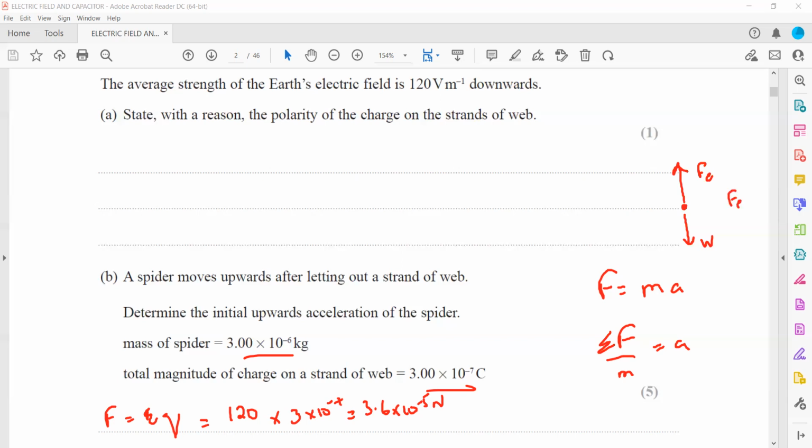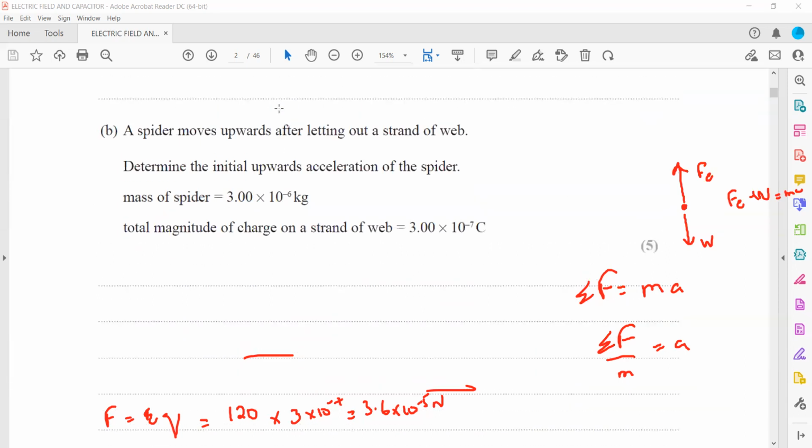The electric force minus the weight equals the resultant force, which equals ma. Because this is a resultant force, not a single force acting, it is the result of two or more forces acting. So to work it out, we take the electric force, which is 3.6 × 10^-5, and then we work out the weight, the downward force, which is mass multiplied by gravity.